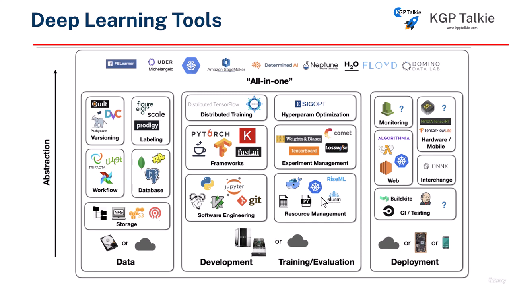Thereafter, you have resource management, in which you can use Kubernetes, tabular data storage systems, Docker, and RiseML. These are used to containerize your models into a single package so that you can deploy it in one go.